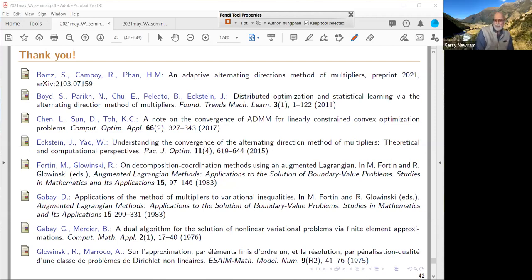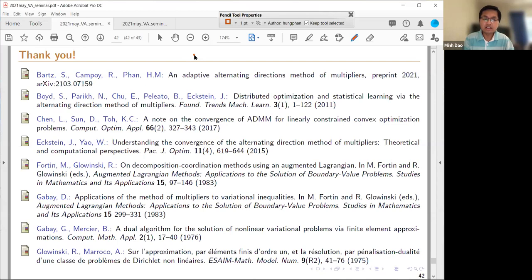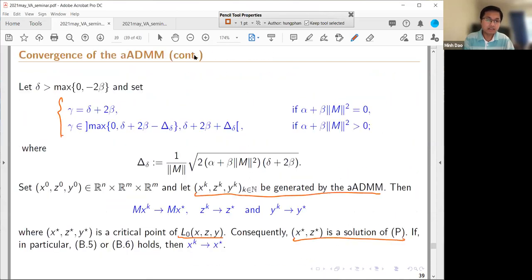Okay. Thank you. Any other question or comment? Maybe I have one question. It seems that for the adaptive ADMM, you are working in finite dimension.